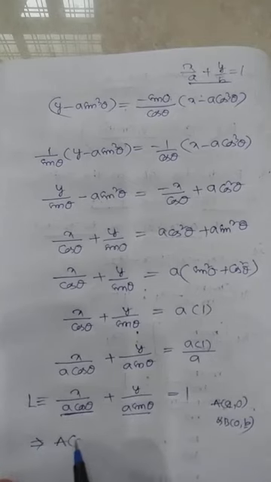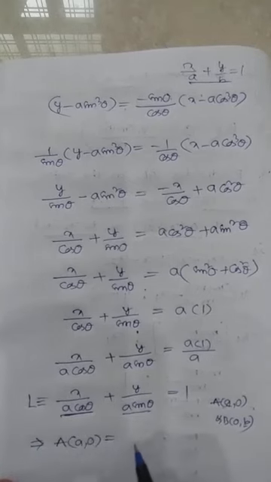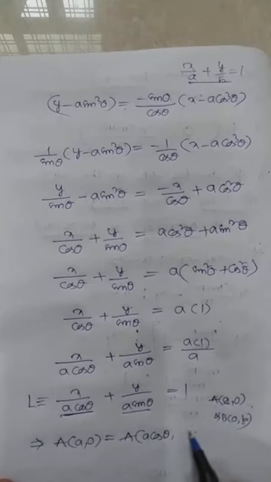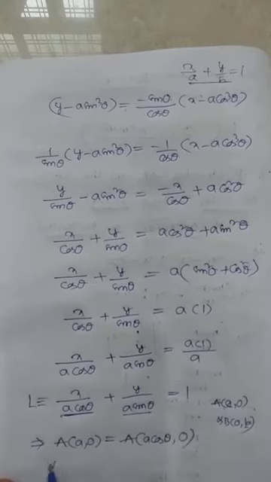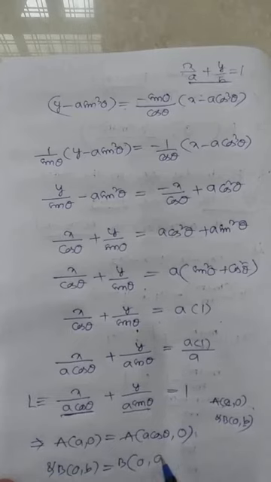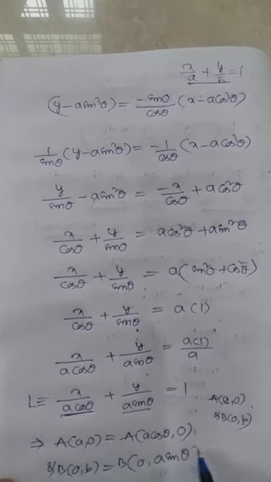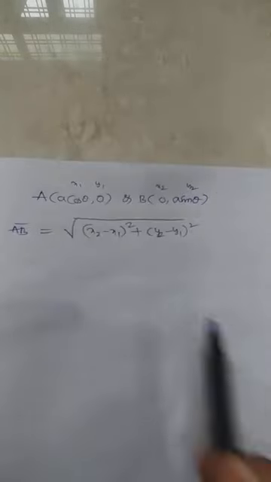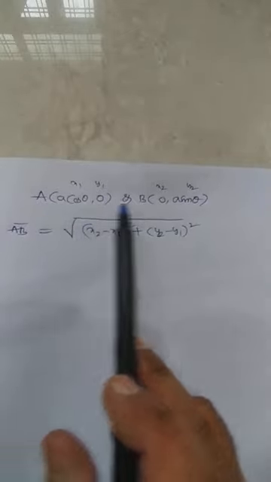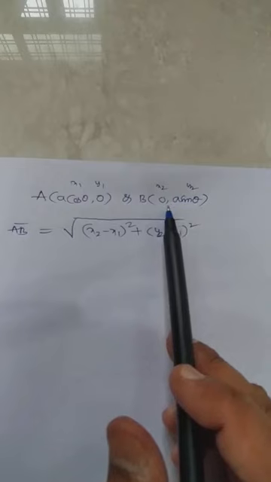So A of a cos theta comma 0 we got here, and B of 0 comma b is B of 0 comma a sin theta. Now we have the A point on the x-axis and the B point on the y-axis, where the tangent line is intercepting the coordinate axes.